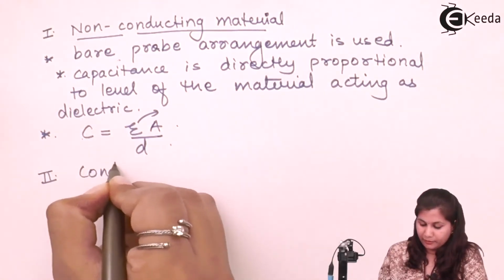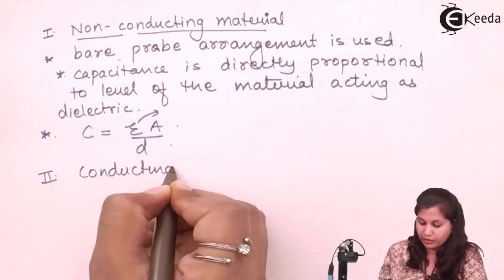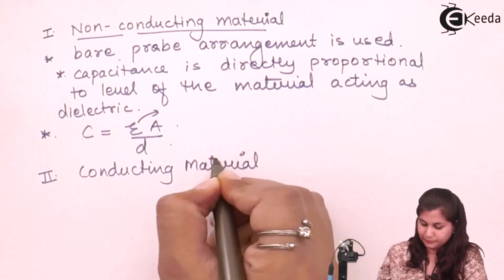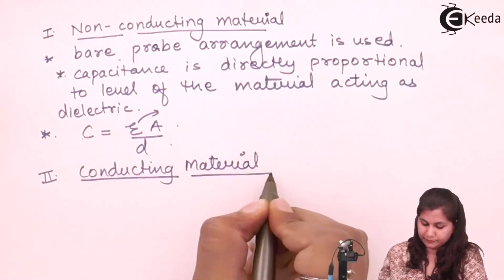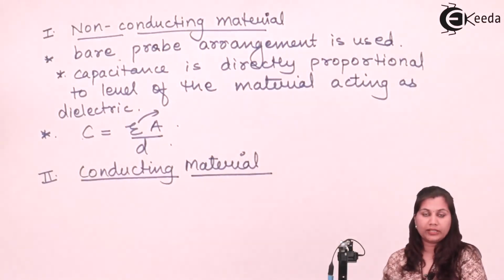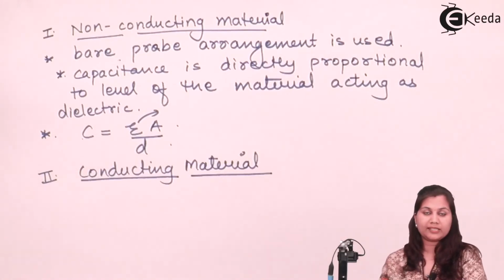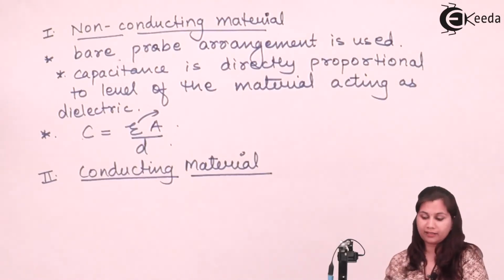Second, measurement of liquid level for conducting material. Now here the insulated coating is required for the probes because the liquid is a conducting material. So if the probes are present there, short circuiting can occur.